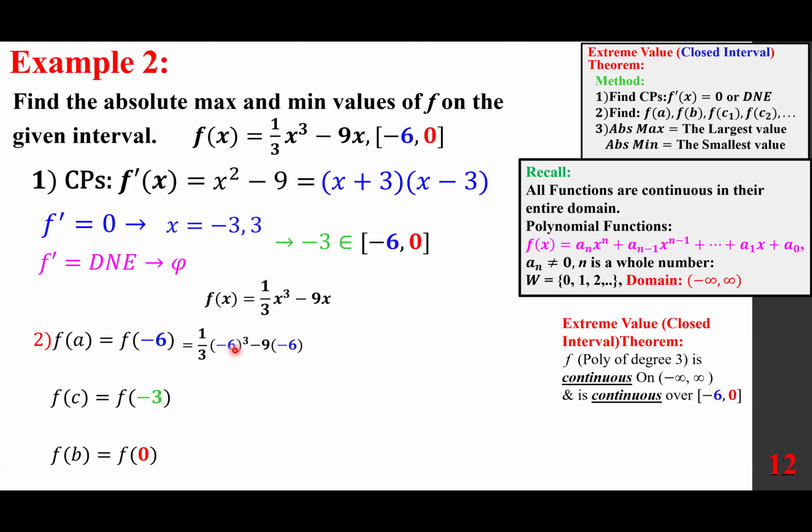So negative 6 cubed is negative 216. 1/3 of that is minus 72, plus 54. They add up to negative 18.